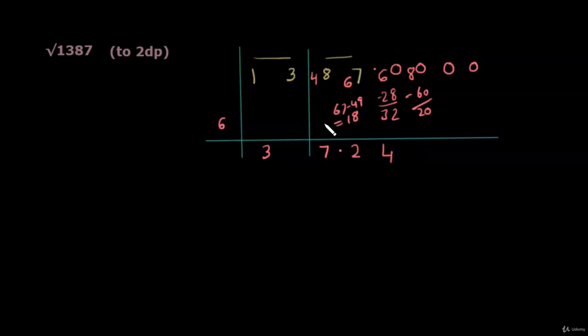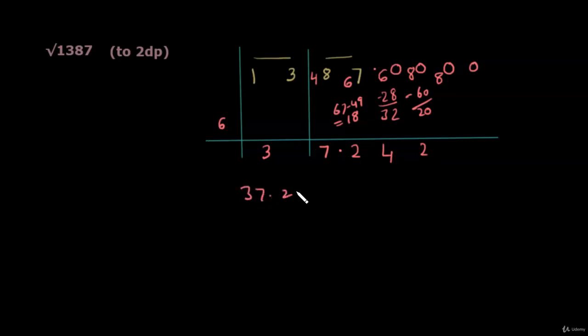Now we have 20. 6 can divide 20 3 times, 18, and 20 is here, but from 20 we cannot subtract duplex of this number. So 6 can divide 20 2 times. 6 times 2 is 12. So 8 is the remainder. Now we don't need to perform further because we need the answer up to 2 decimal places only.